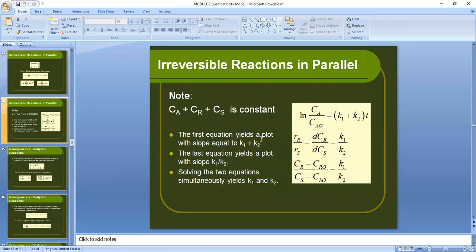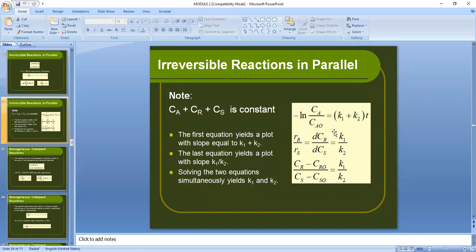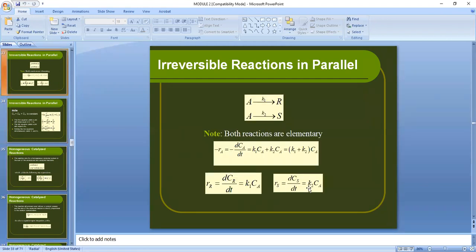The first equation yields a plot with slope equal to k sub 1 plus k sub 2. This one is taken from the net rate equation based on species A. And this is our formula. While this was taken from these two. You take the ratio of these two, or you divide one by the other.